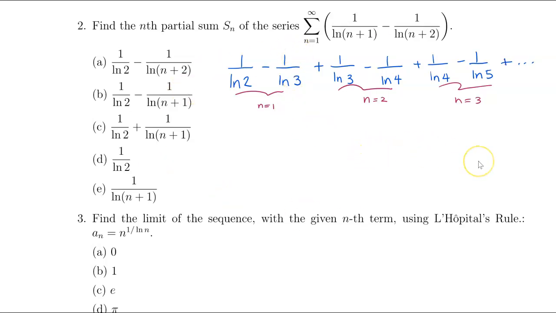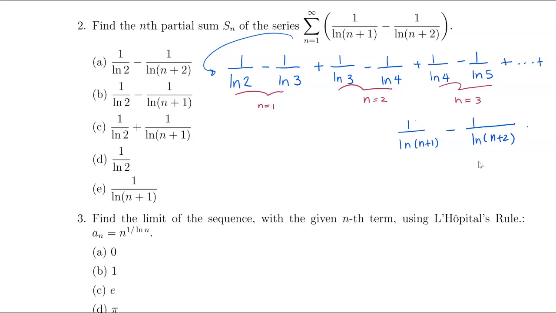Let's just write first the nth term: 1 over ln of n plus 1 minus 1 over ln of n plus 2. Okay, so that is the series here.